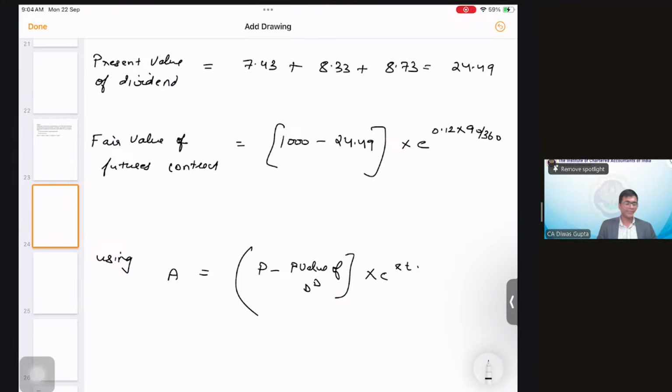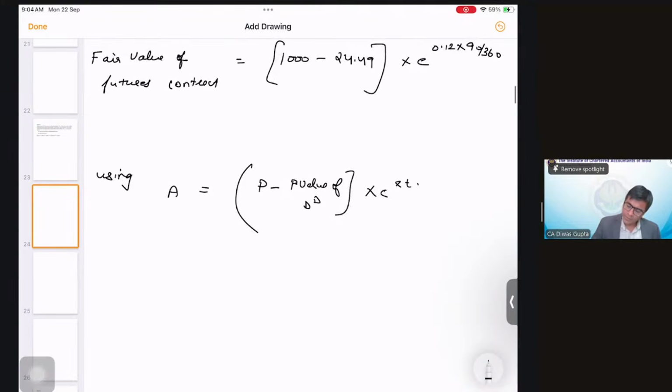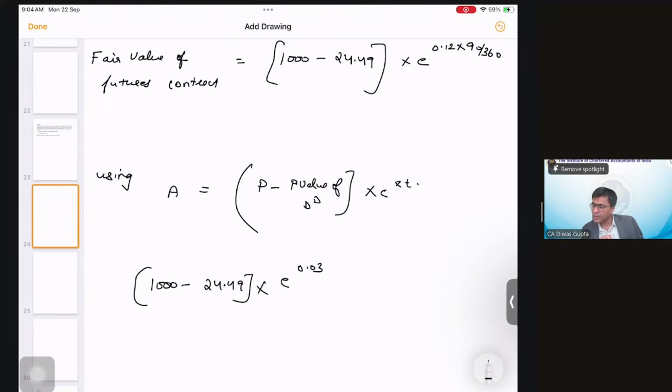Now, if we solve for this, this becomes 1000 minus 24.49 multiplied by e raised to the power 0.03. Correct?